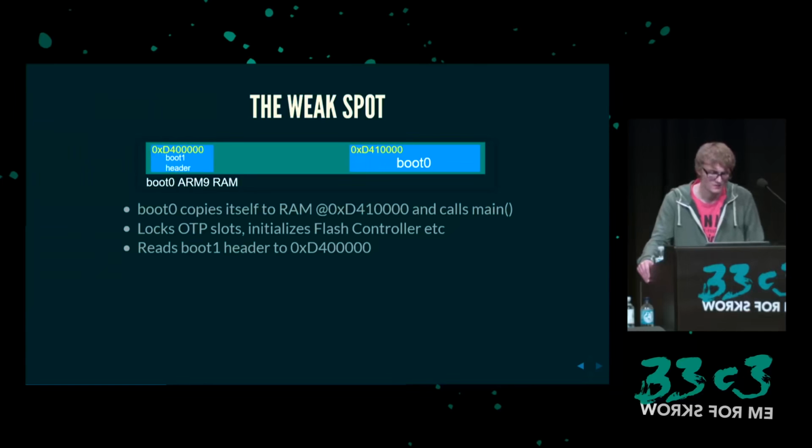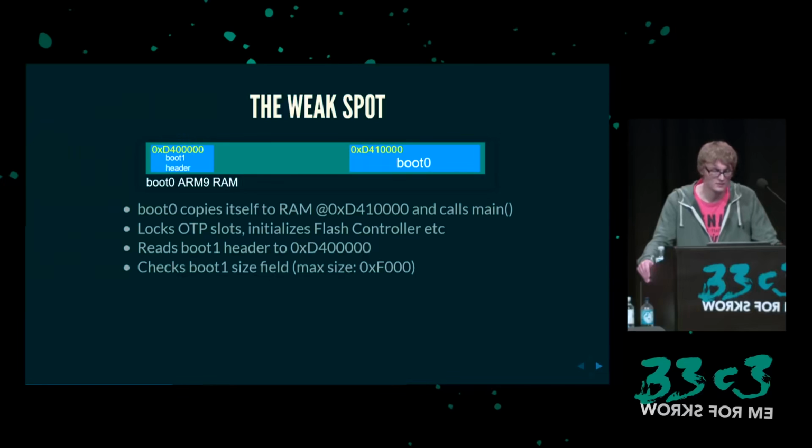Then it reads the size from the header field, and also does a max size check on this. Please note, the header itself is not encrypted, and they also don't do any signature verification at this step.